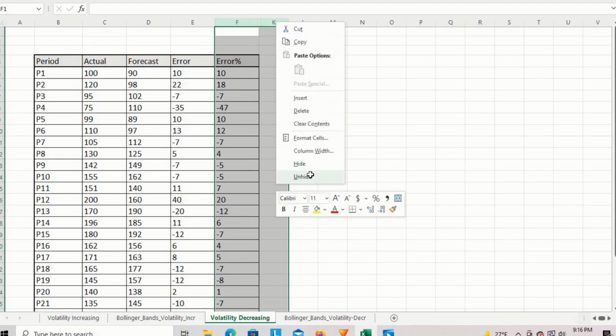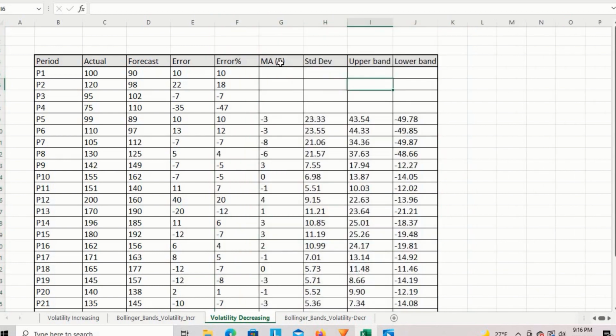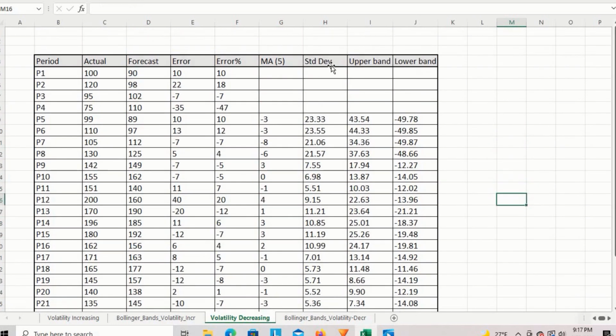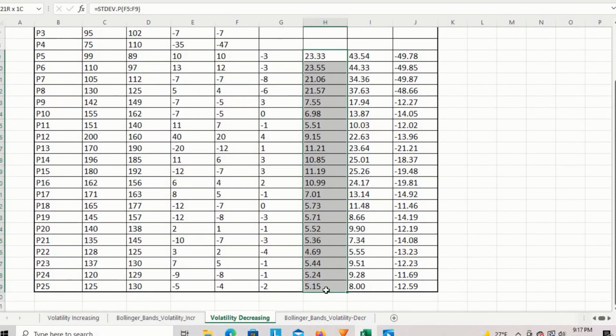Let me unhide it. I did some calculations. So same thing, I calculated moving average using first 5 periods. Okay, and I drag this formula to all 25 periods. And also I calculated the standard deviation starting from period 5 through period 25.